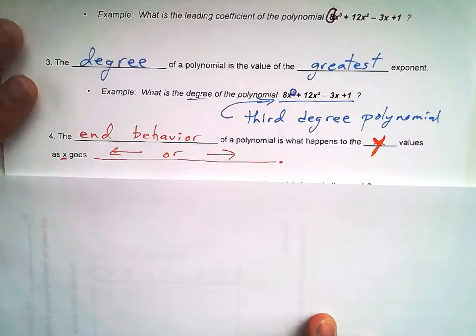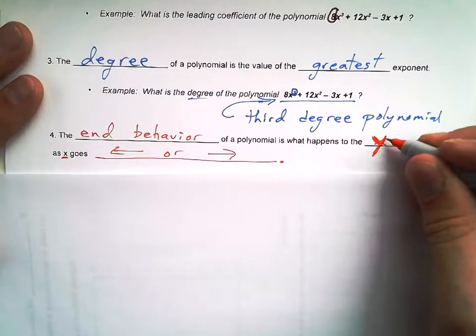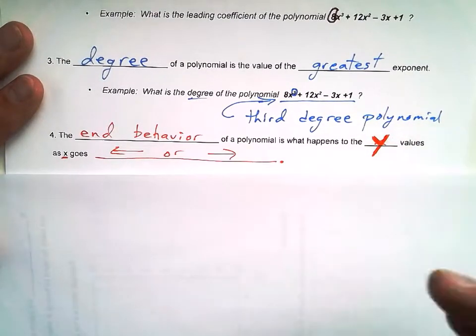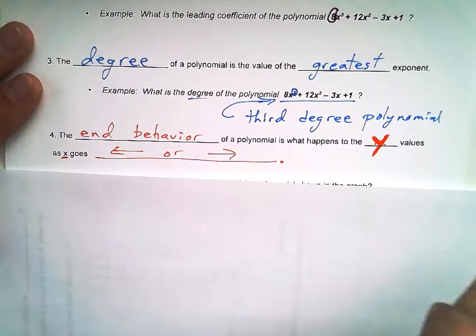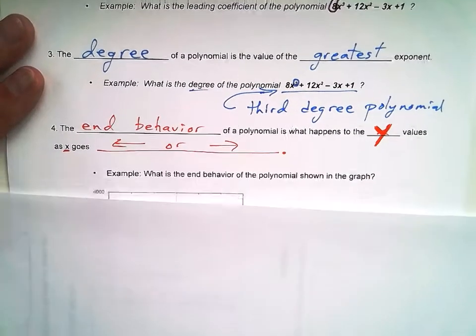We'll be more precise about this next time. So it's what happens to the y values, sorry about that, as x goes really big or really small on the graph.